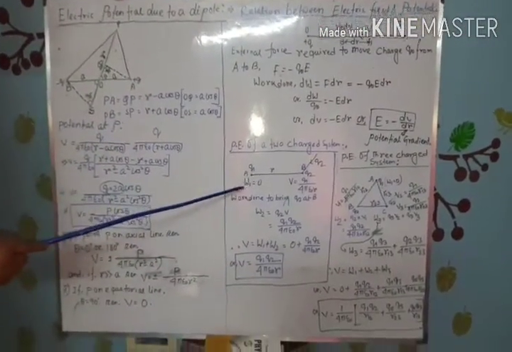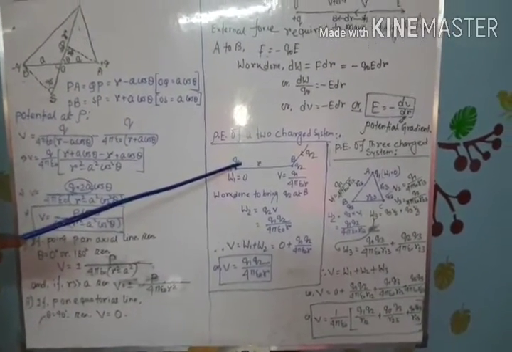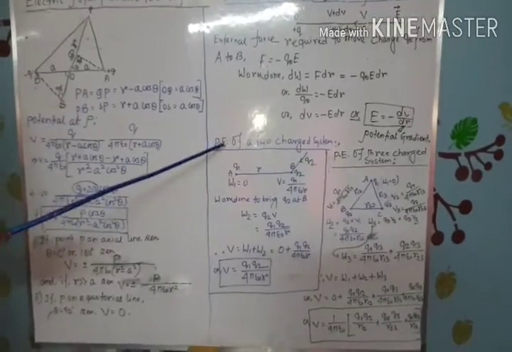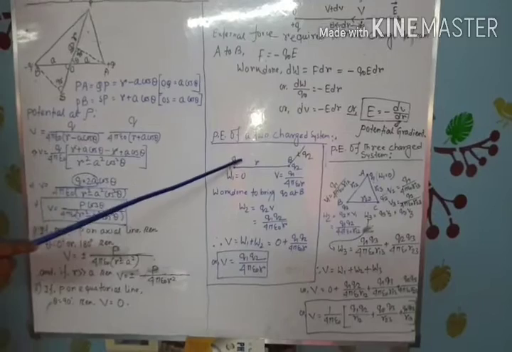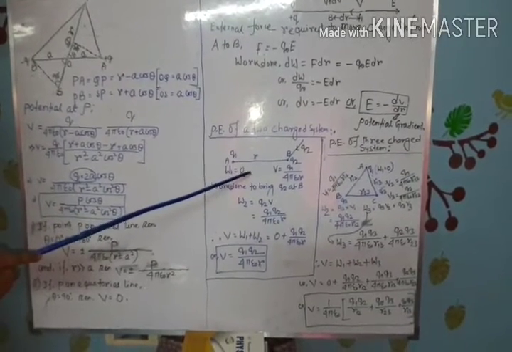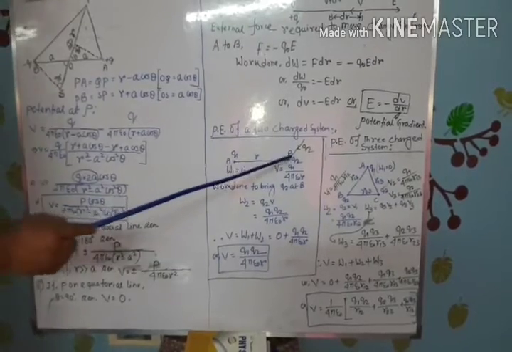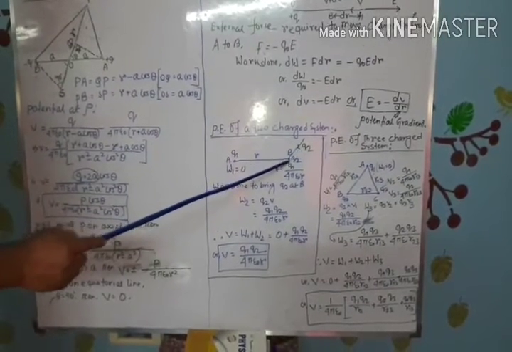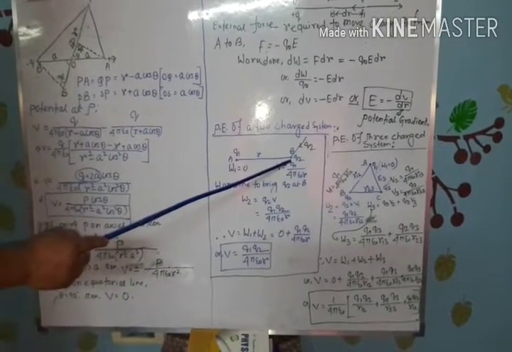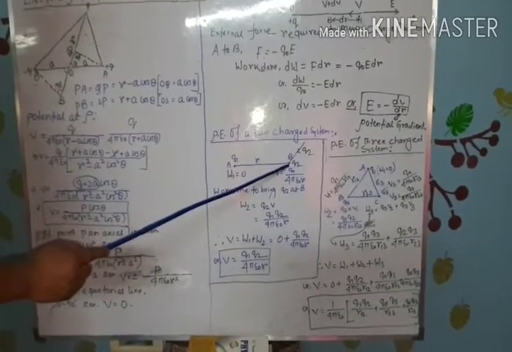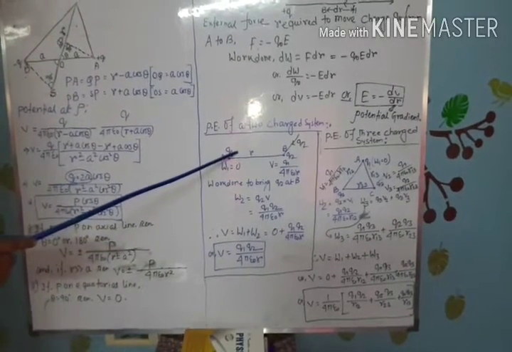Initially, whenever you bring the charge Q1 to a particular position, there will be no electric potential, so the work done will be 0. But when we bring the second charge Q2 to B, there will be some amount of work done. Why? Because the point B is situated in the electric field of the previous charge Q1.